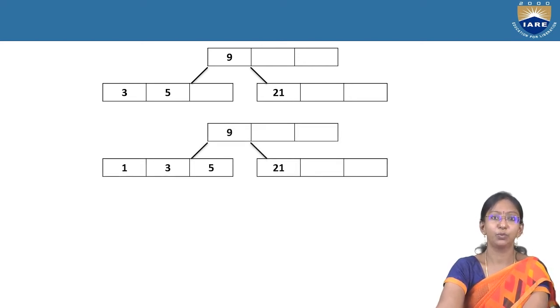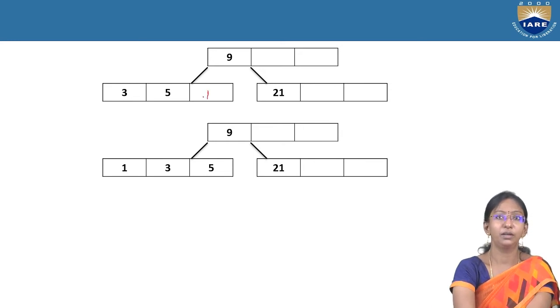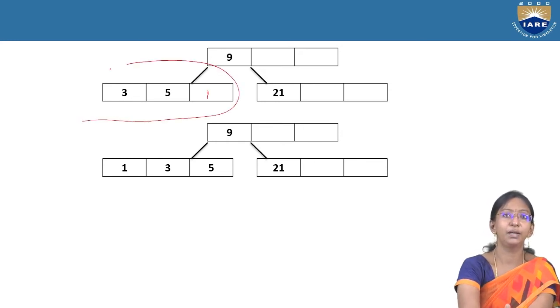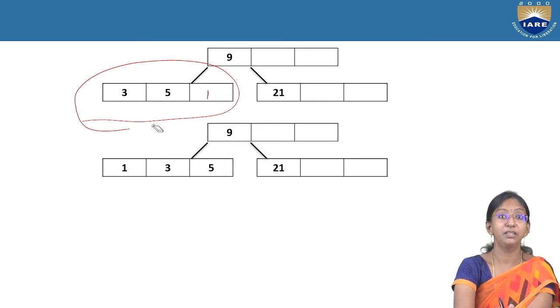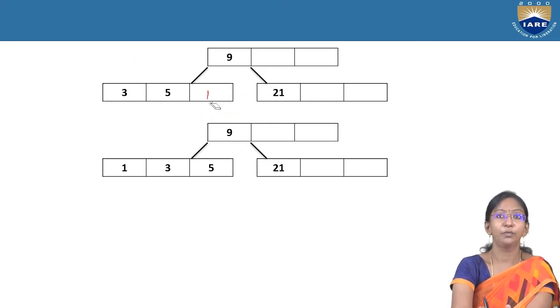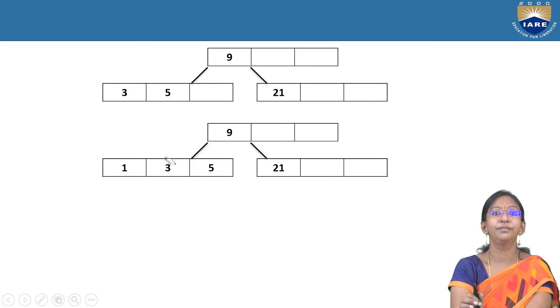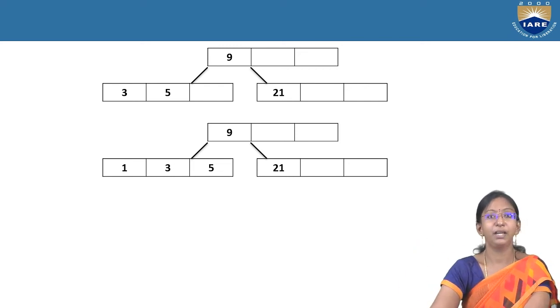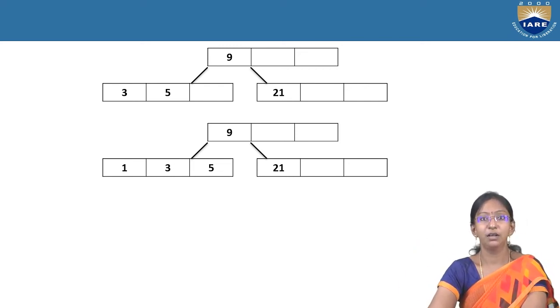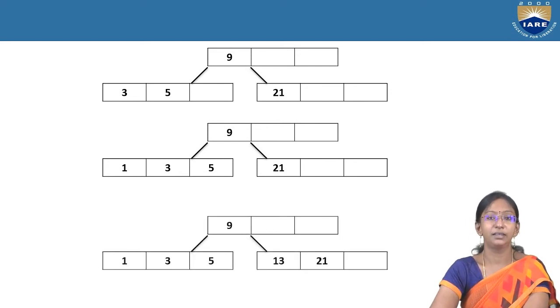The next element is 1. If I try to insert 1, I cannot place it over here because this node will become unsorted, but my keys must be sorted in nature. So I'm going to move 3 and 5 one step to the right and make a vacant place for 1, and I'll insert it. Next is inserting 13.